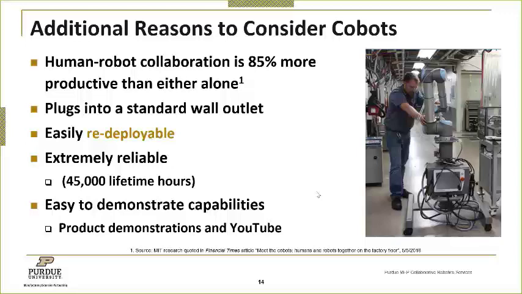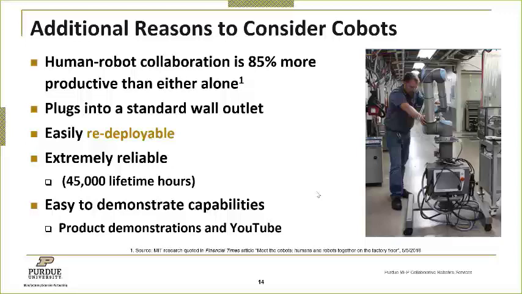Reliability, not only in terms of accuracy, some of these robots can have accuracy of 0.03 millimeters when it comes to hitting their targets. So very tight tolerances, but they're also not designed to have routine maintenance. You don't have to oil the joints, anything like that. I think the only preventative maintenance is the filter on the cooling fan for the motor of the robot.